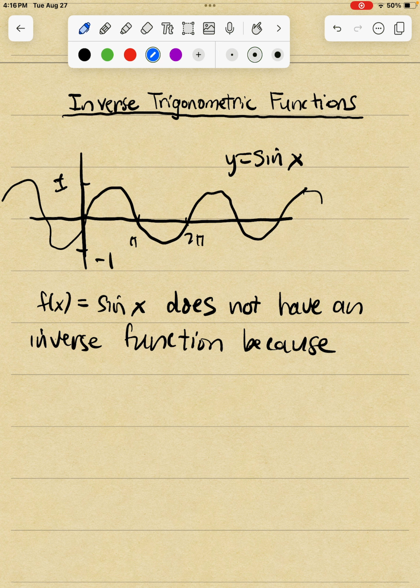Remember, an inverse is going to take the y values back to the x values. But if you have multiple x values, say here and here, that give you the same value of y, then there's no way that you can take the y value to only one x value, because there are multiple x values for each y value.